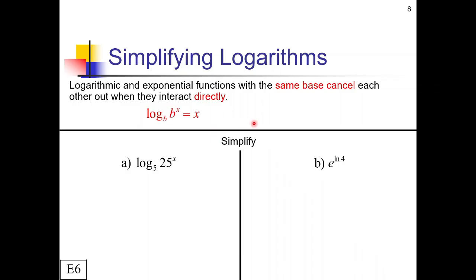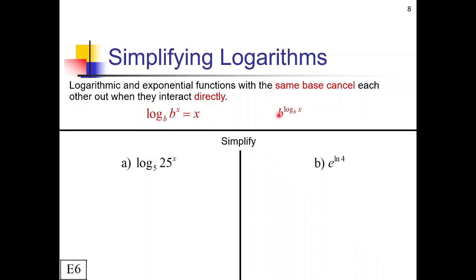Now going the other direction, let's say that we have a base raised to a log that has the same base with an x inside. Remember, logs are just exponents. So this log base b of x is the thing I need to raise b to in order to get x.